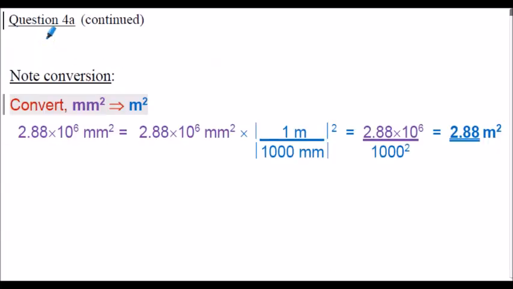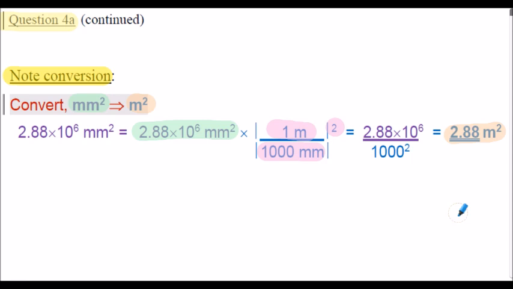And just note for reference in question 4a, the conversion required from millimeters squared into meters squared. So here is stated the unity bracket to undertake the calculation. Note the unity bracket is squared here because we're converting from millimeters squared into meters squared.